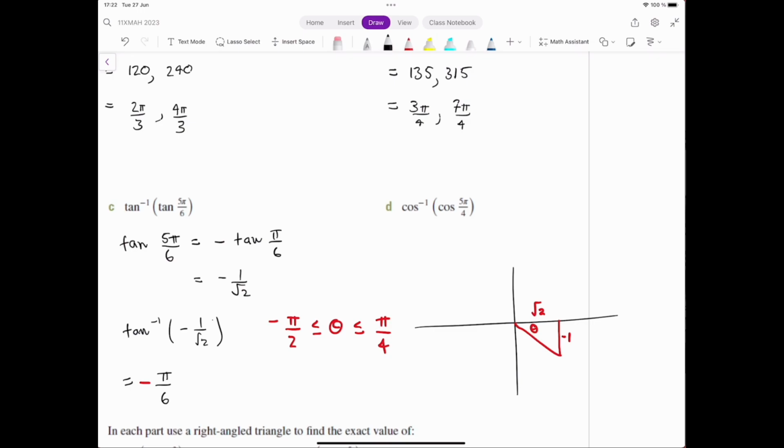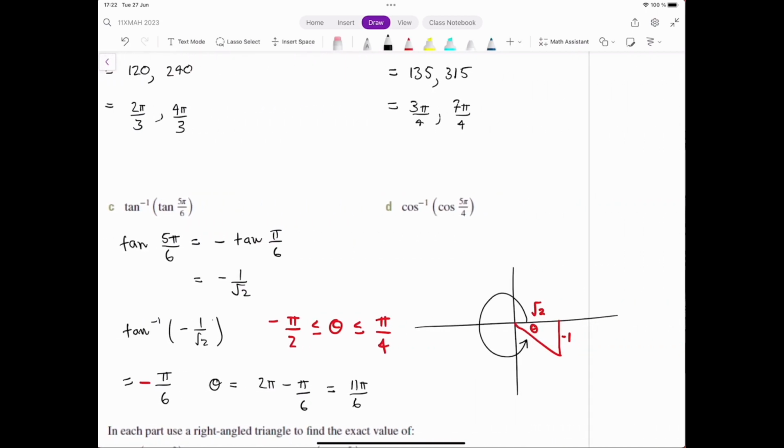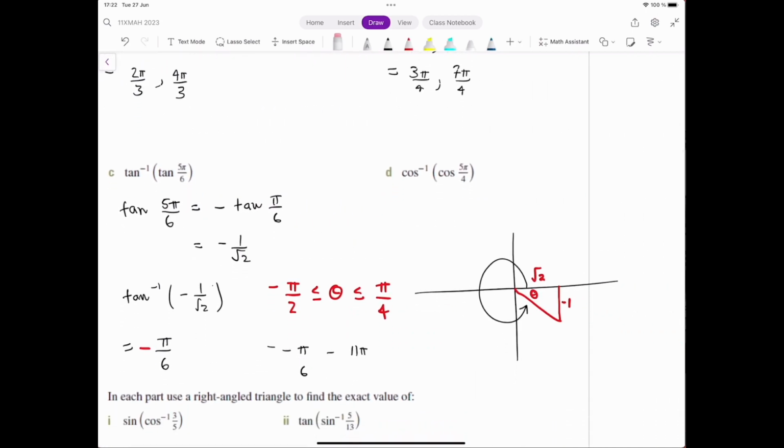But if we go this way, my theta is equal to 2 pi minus pi on 6, which is 11 pi on 6. So my answer is going to be minus pi on 6 or 11 pi on 6. Really, they do mean the same thing though. Okay.